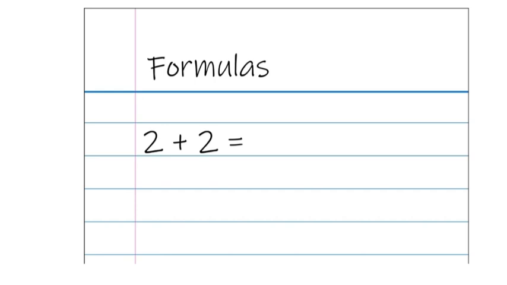It's really similar in spreadsheets. With spreadsheets, the big difference is we start the math sentence with the equal sign, and then the rest of the sentence we write just like we would have on paper: equals 2 plus 2.